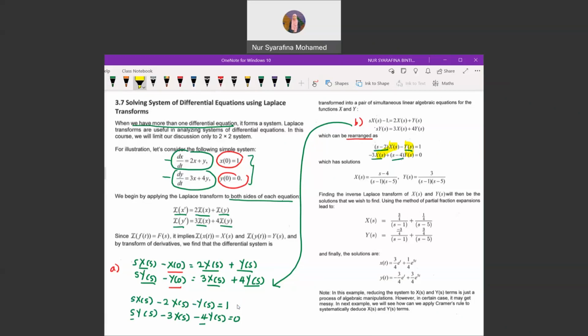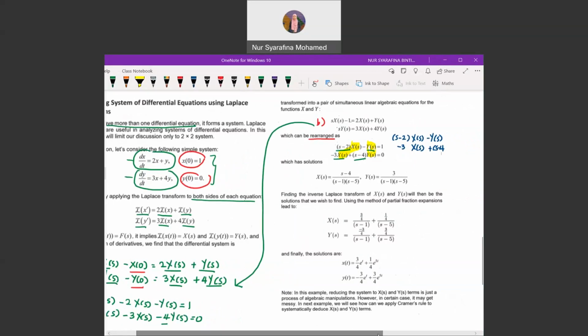Now we have in terms of a system: (s minus 2)X(s) minus Y(s) equals 1, and minus 3X(s) plus (s minus 4)Y(s) equals 0.